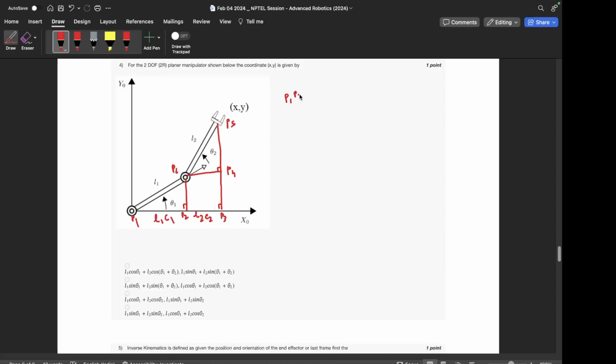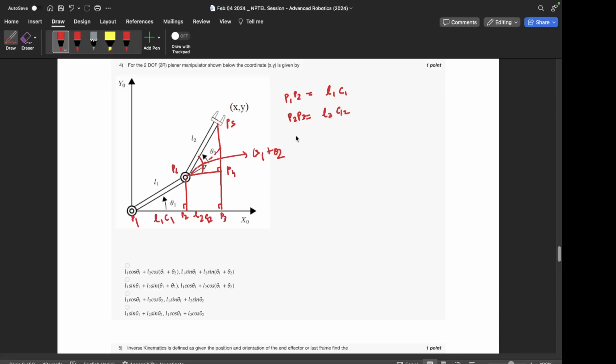So P1P2 is L1 C1, P2P3 is L2 C12, yeah, this is C12, because that's the only thing to note here, that the entire angle is theta 1 plus theta 2, not just theta 2, because theta 2 is just from the direction of link 1 to link 2, but here we are taking from the x-axis of the base frame or the inertial frame, right?